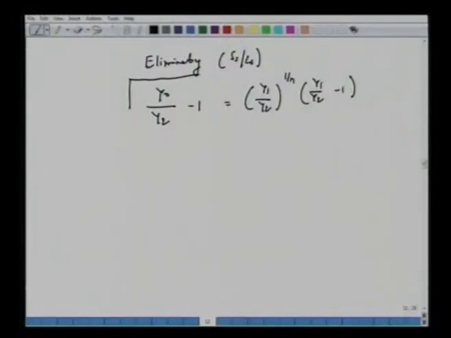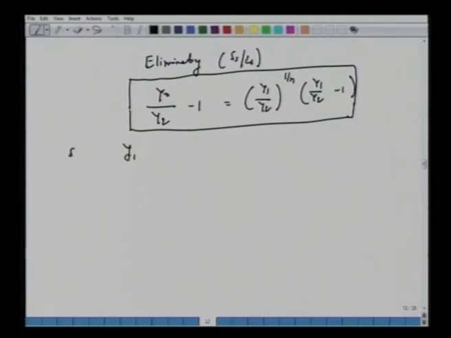You should try this as an exercise. Let us box this equation. From here we can solve for y1.